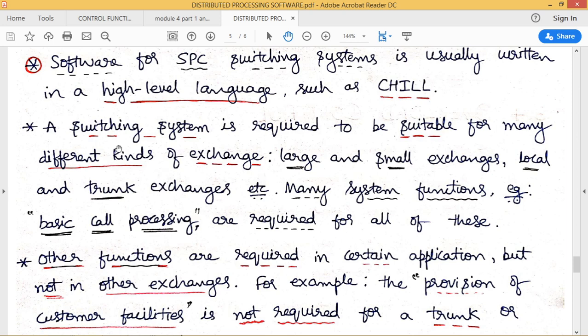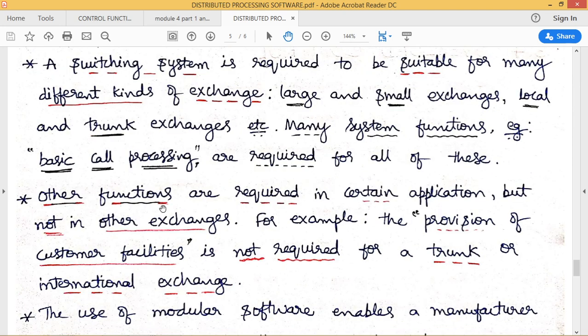The operation of the switching system, whether it is a small exchange or a large exchange, remains the same. So many system functions, for example basic call processing, are required for all of these different types of exchanges. Of course basic call processing remains the same for different calls.